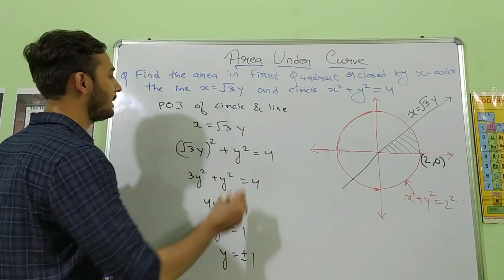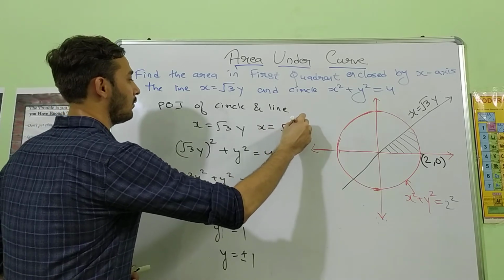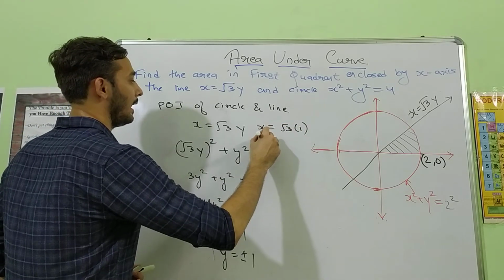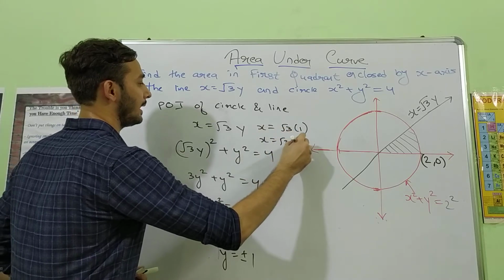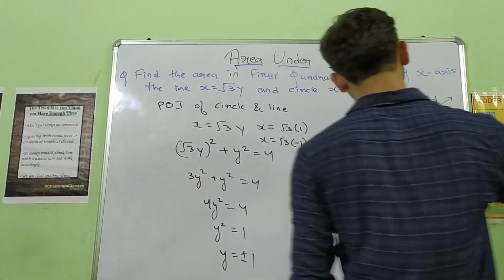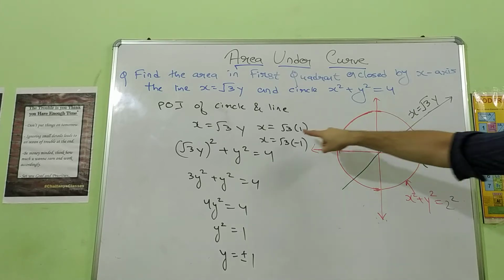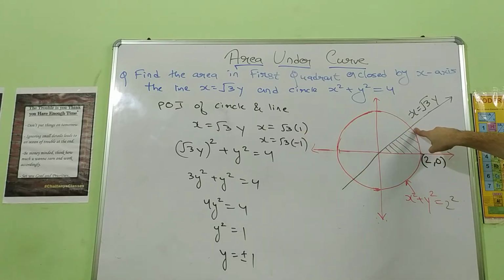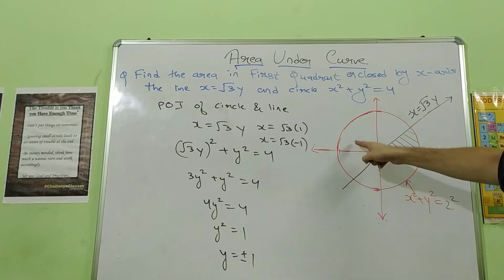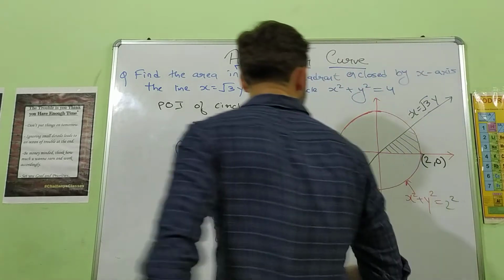If y is plus minus 1, x will be root 3 into 1 and root 3 into minus 1. It means this line and the circle intersect at 2 points: one at x equal to root 3, and the other at x equal to minus root 3, as you can see here. But we want only the first quadrant, so we will consider only this point.